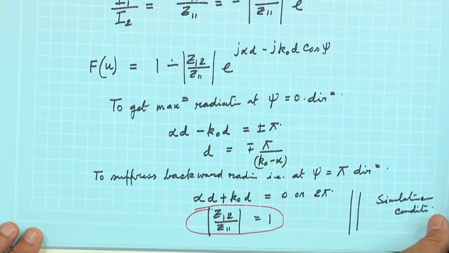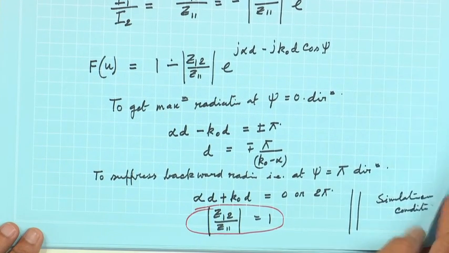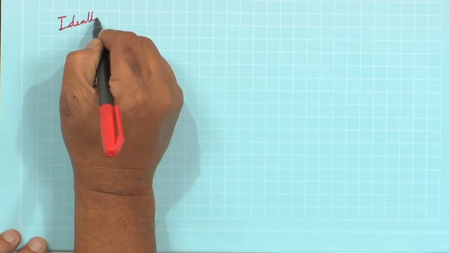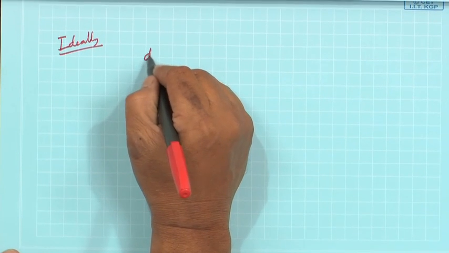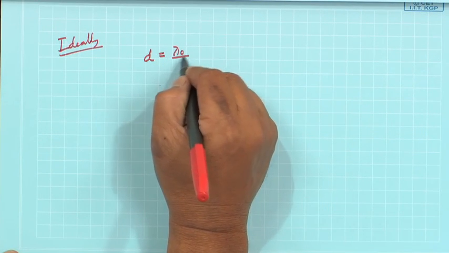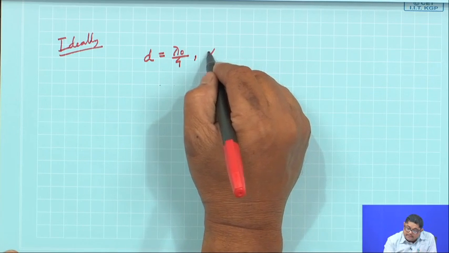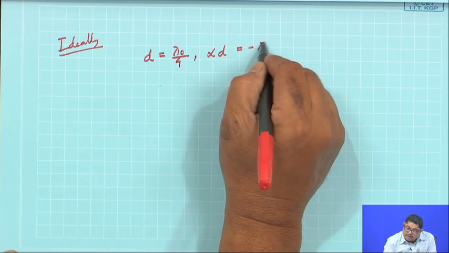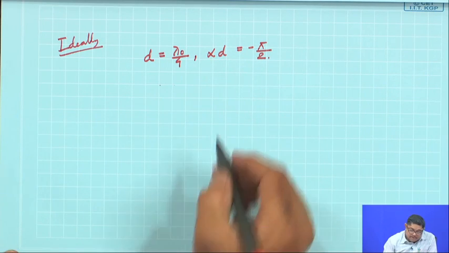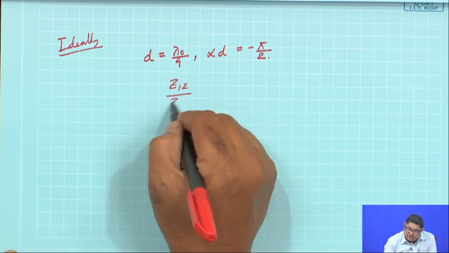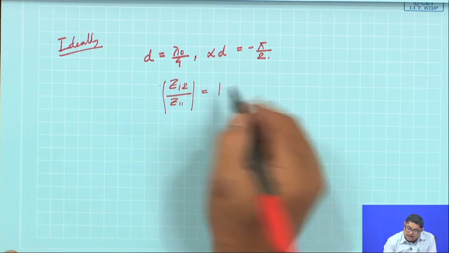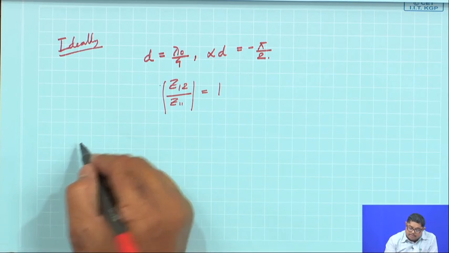Now, this is, as I said, the ideal. So, for an ideal array, these people have found from experiment that alpha D should be equal to minus pi by 2 and Z12 by Z11 equal to 1, but this is not met.